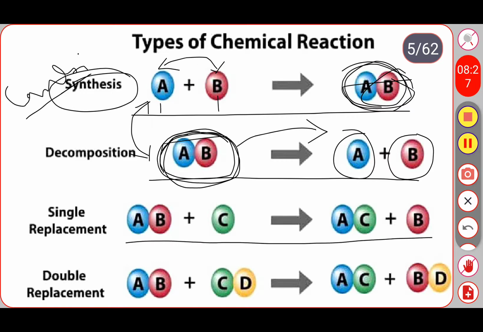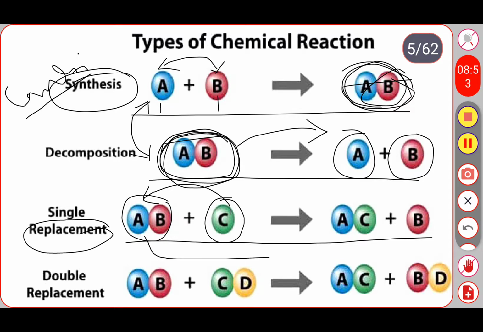Displacement is nothing but replacement. So just observe this general form. If I take AB as one compound and C as one reactive element, that reactive element combines with the compound, and the less reactive element is separated. Here the less reactive element is B. Later we will discuss.